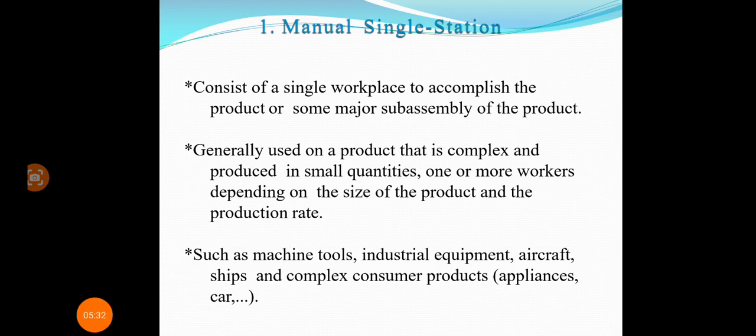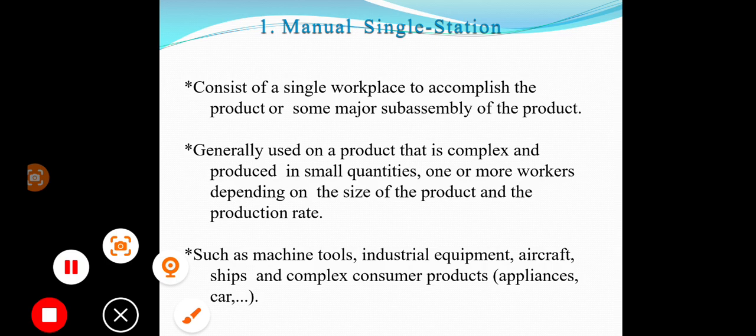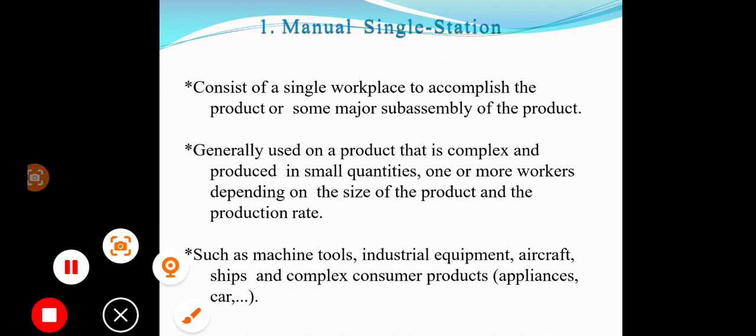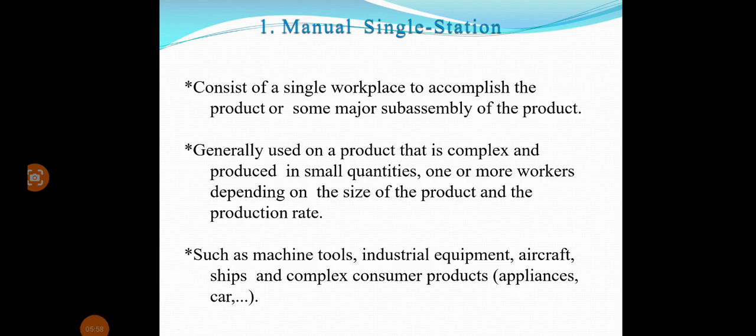All these concepts relate to machine tool operations. Industrial equipment includes the number of equipments related to industry, and some aircraft bodies and elements, and ship-related elements. Those elements are assembled at manual workstations. This is the main role of a manual single station.